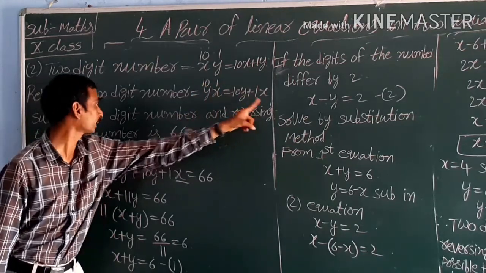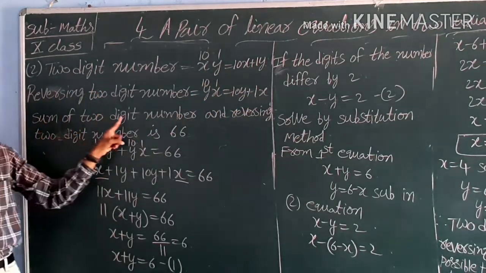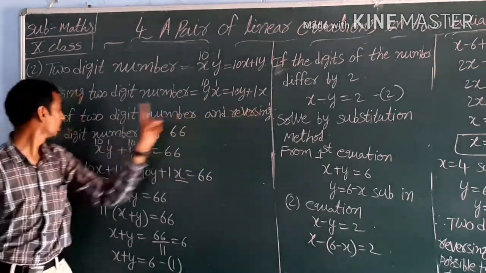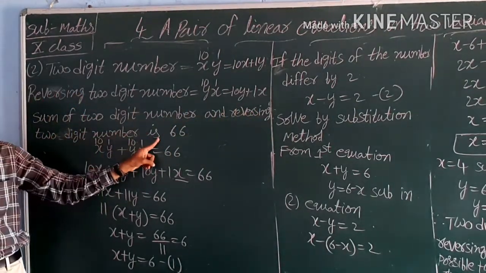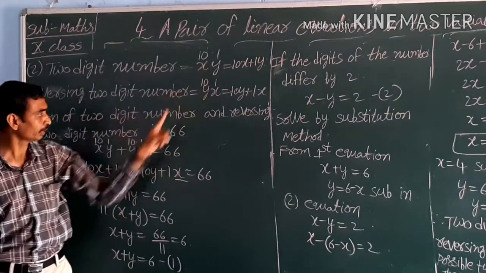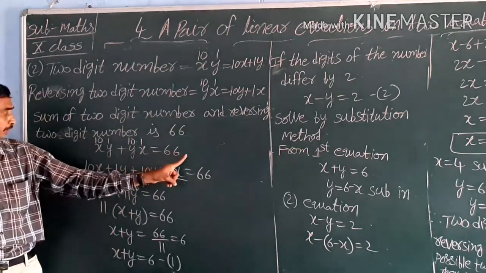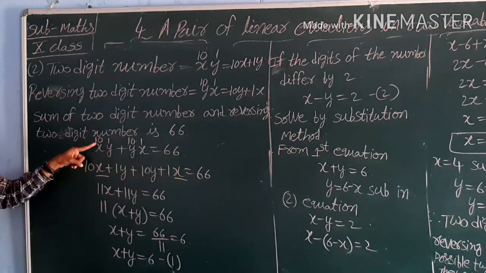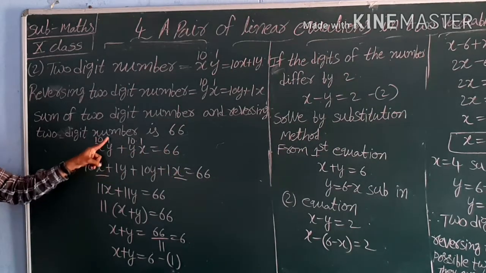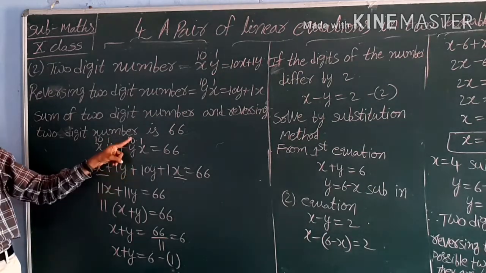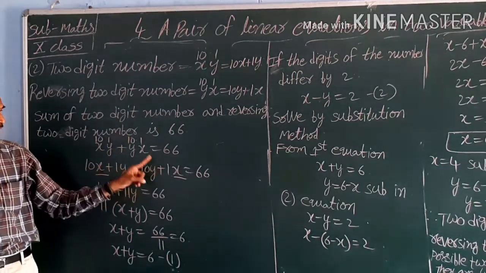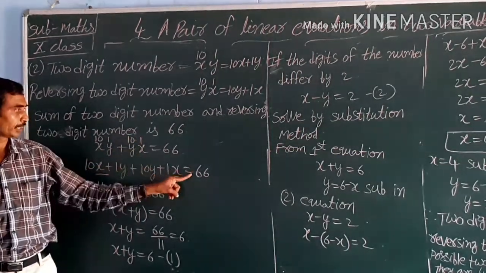10y plus 1x. Now sum of two digit number and reversing two digit number is 66. Both adding means we are getting 66. xy plus yx is equal to 66. Here xy means 10 into x, 10x plus 1 into y, 1y plus 10 into y, 10y plus 1 into x, 1x is equal to 66.